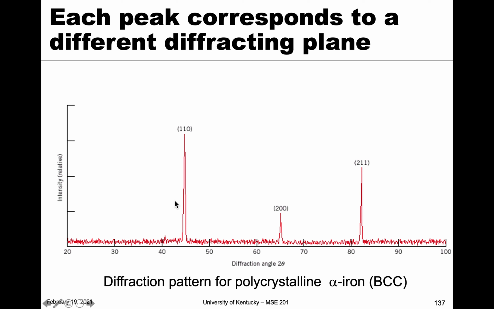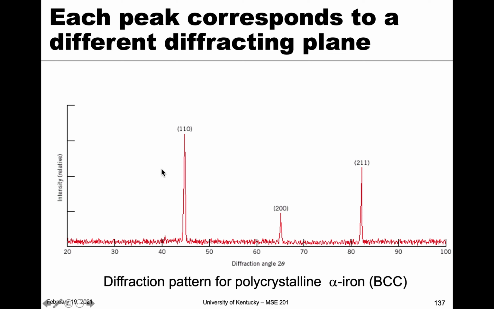So they're already labeled for us here. You see that this first peak, at this angle, we see diffraction from the 110 set of planes. So those are causing constructive interference at the angle that we see. And then here, it's for the 200 type of plane. And for here, it's the 211 set of planes.